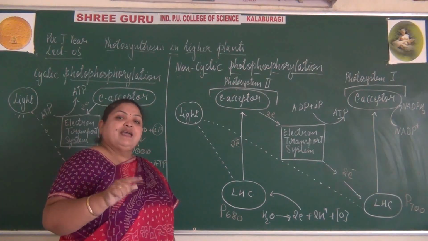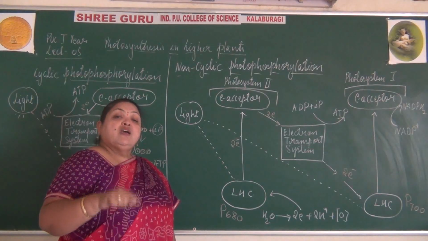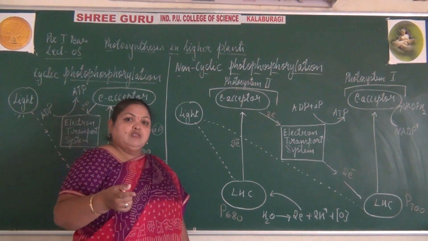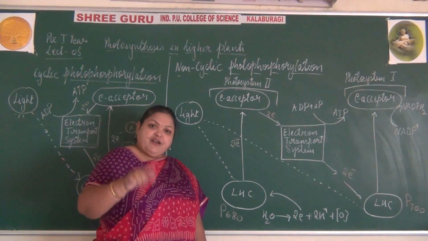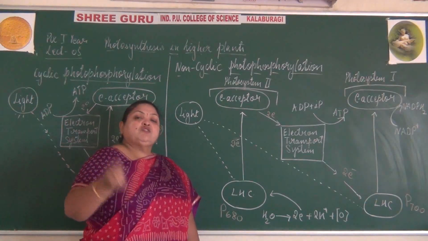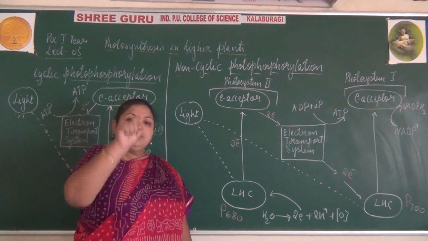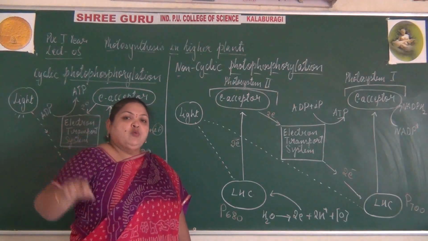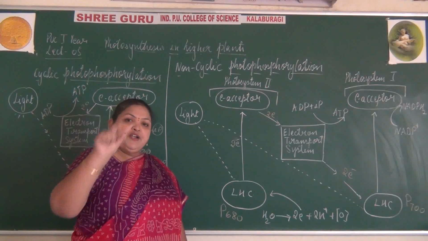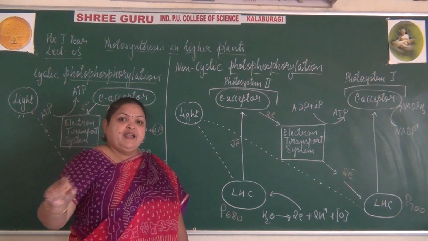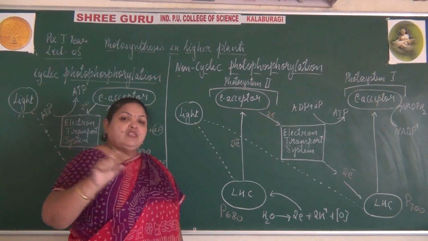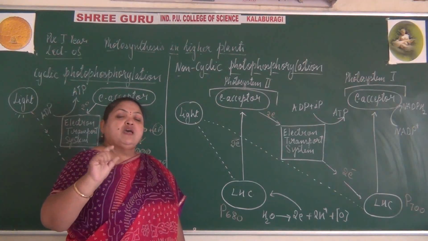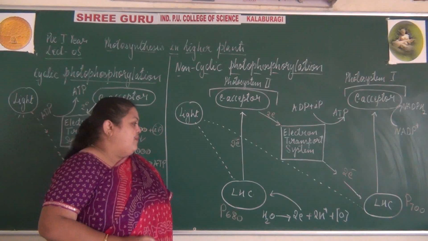The molecules which emit the electrons get reduced again, and get charged again when light falls on them. So this process is a downhill reaction, or a downhill gradient. This downhill process occurs within the molecules present in the thylakoid membrane.